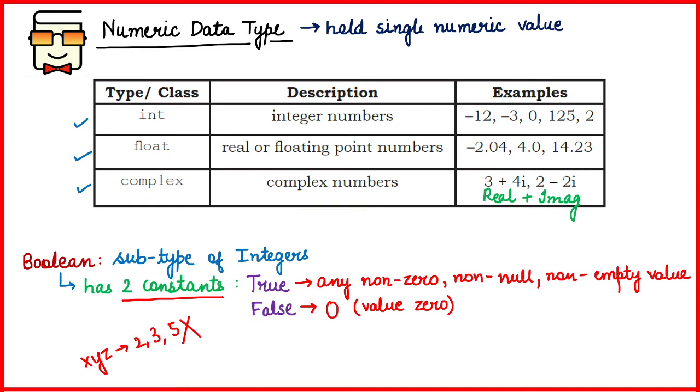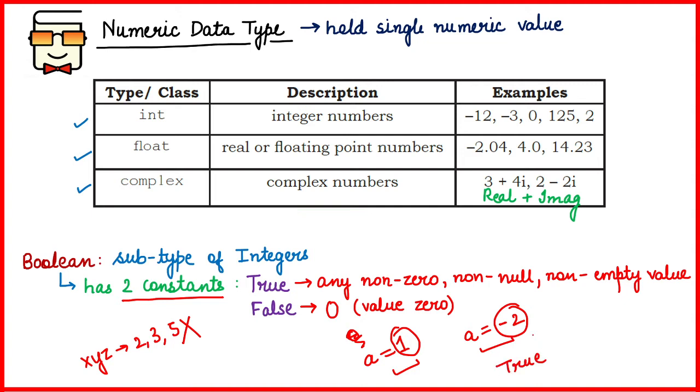Now, True represents any non-zero value, any non-null value, and any non-empty value. That means if I say that variable a has a value 1 or a variable a has a value -2, since both these values are non-zero, that means the value is not 0, both these variables are considered true variables.